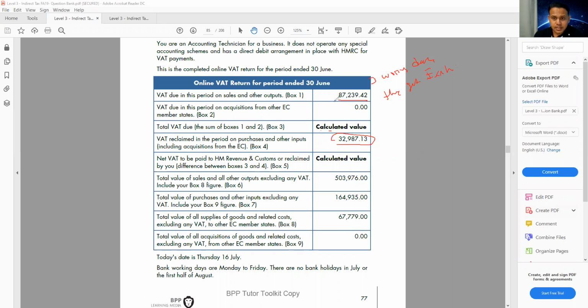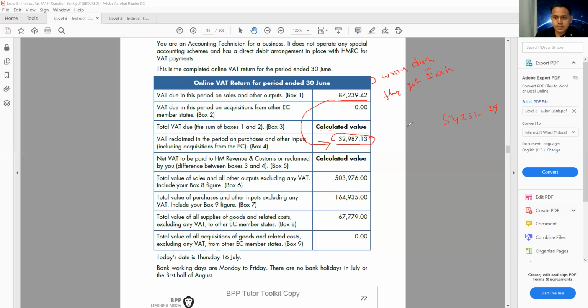So 87,000 minus 32,000. It will tell me how much I actually need to pay. So I need to pay the difference. You can see here, how much is the difference? 54,252.9.